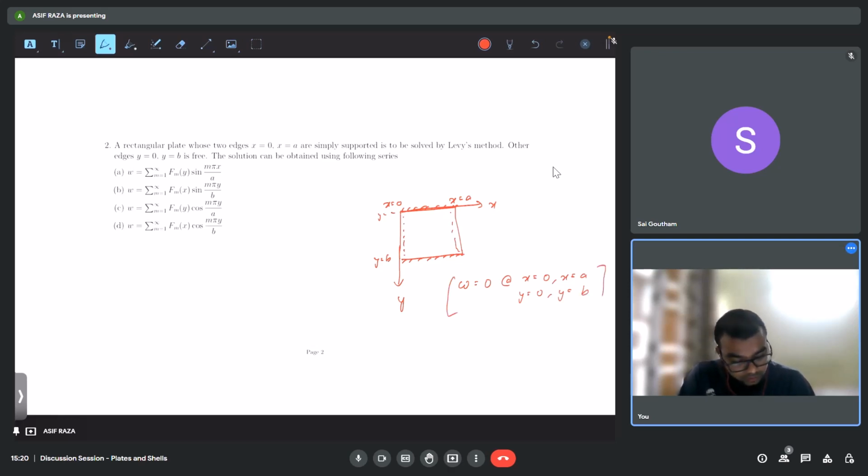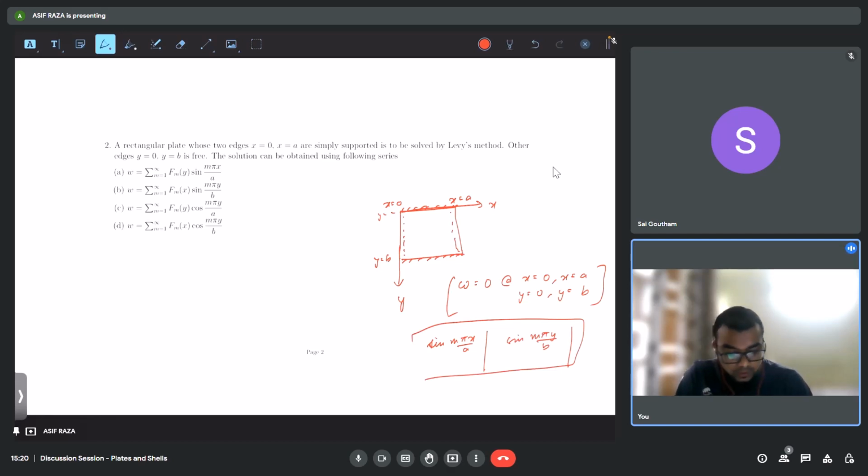So if we use this condition, x equal to 0 and x equal to a, we should get either sine function of sine m pi x by a or sine m pi y by b.